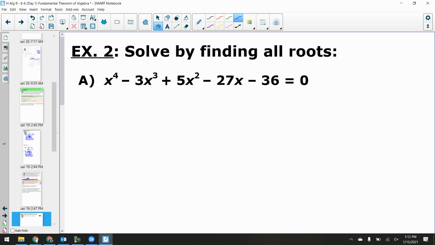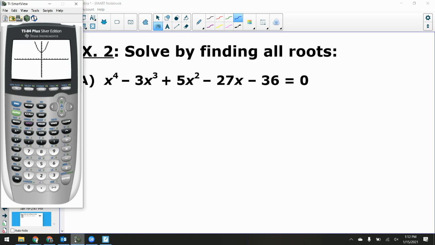First route would be to try to factor this down. Does this factor at all? No. There's no GCF, and there's no path for that in the flowchart. So what do we do now then?